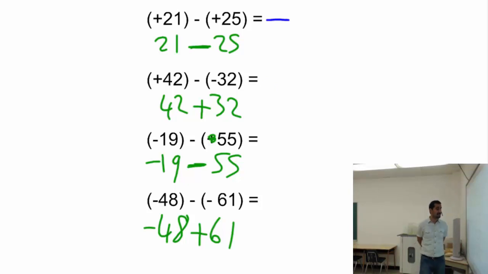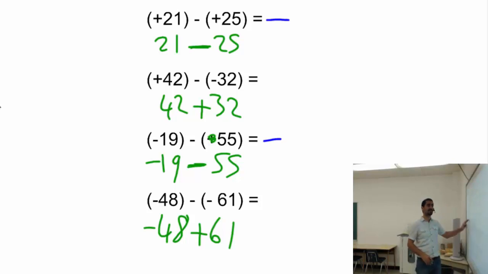Let's move on to minus 19, minus 55. 55 is the biggest one. It has a negative sign in front of it. The answer will be a negative number. And 48, 61. 61 is the biggest one, and it has plus sign in front of it. Once again, I'm not going to write down the plus sign. It will be positive, no sign anyway.